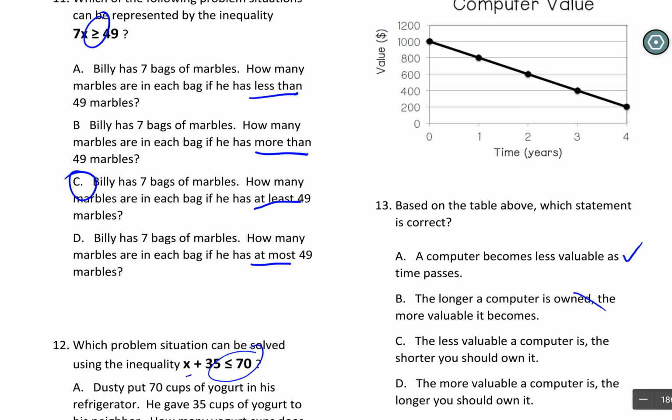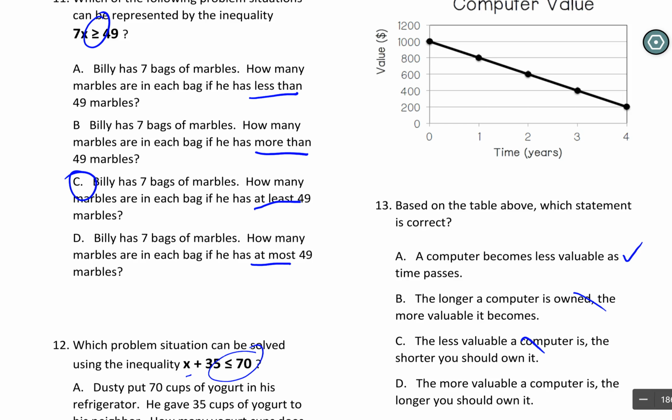The less valuable a computer is, the shorter you should own it. So the less value, so that would be this way. The shorter, well, no, that's not what this is saying. So no, and then the more valuable a computer is, the longer you should own it. Well, that would say that the value depends on the time, and we know that that's not the case.